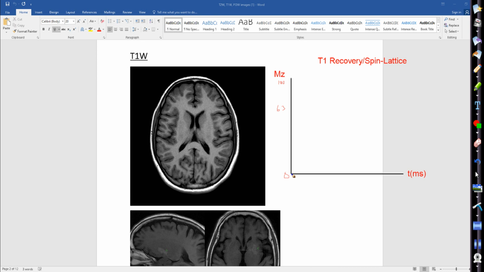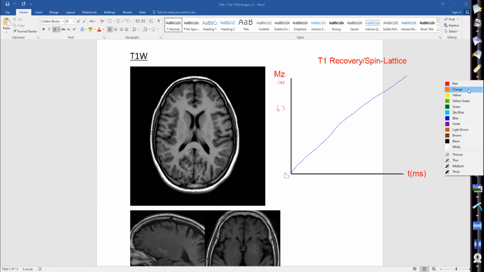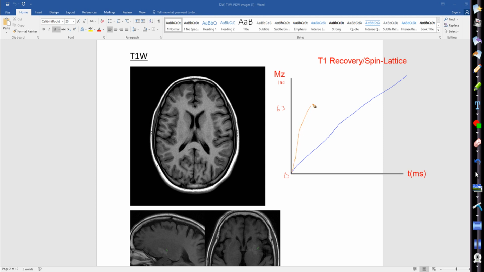So in terms of giving off energy to its lattice, it's not very efficient. So it recovers very slowly. But fat is just the opposite. Fat recovers very rapidly. Okay.